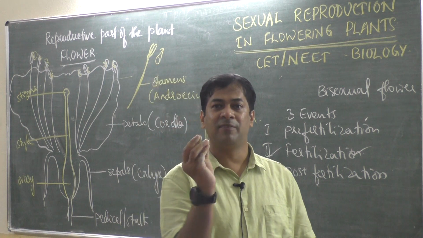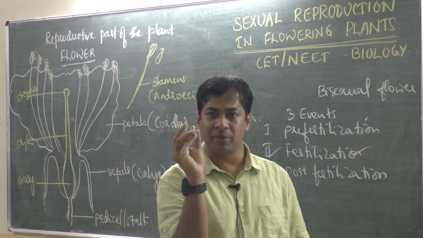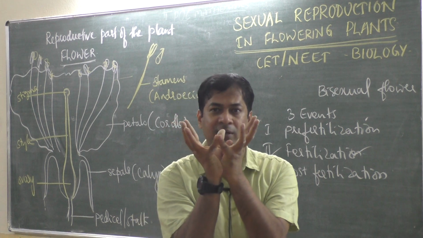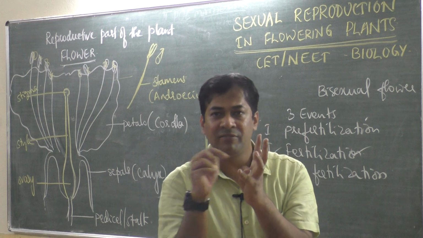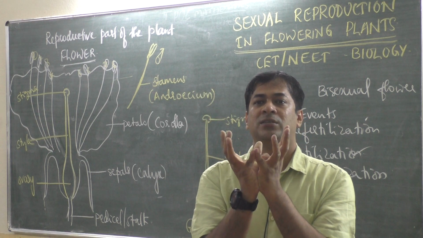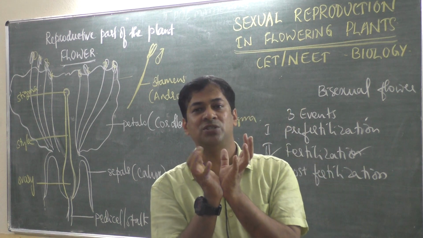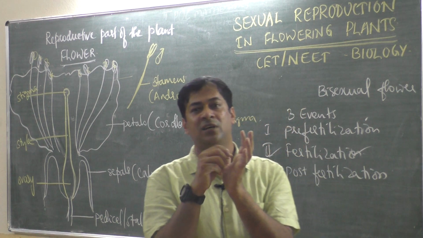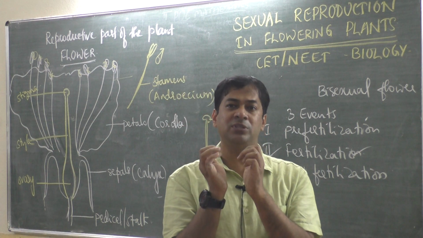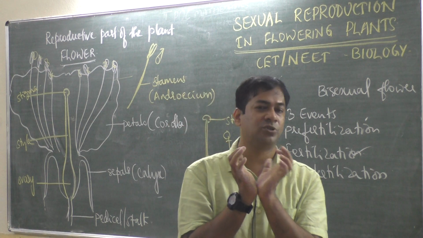That means the flower first will be a bud, then it blooms, it opens and becomes a mature flower. Then male and female reproductive organs should become mature. Then pollen grains should be produced in the stamen, that is in the anther, and egg should be produced in the gynoecium. So both should happen.